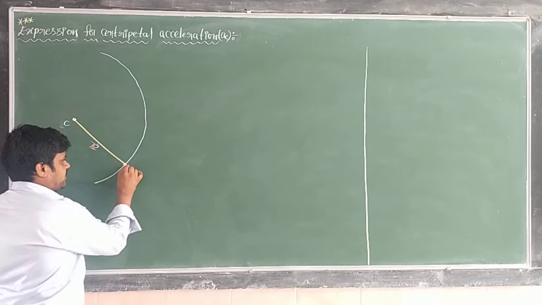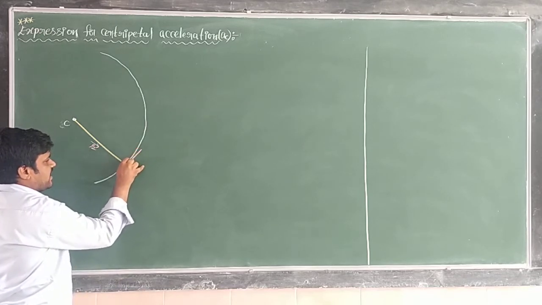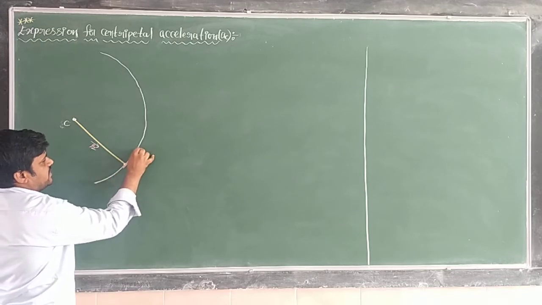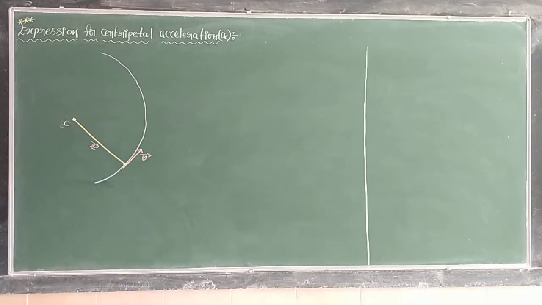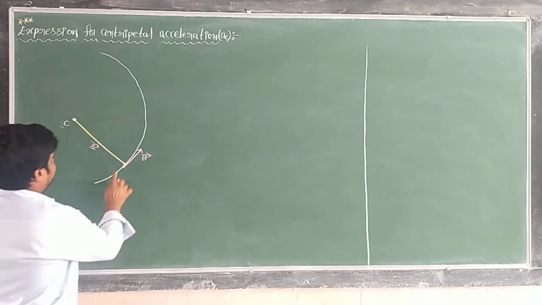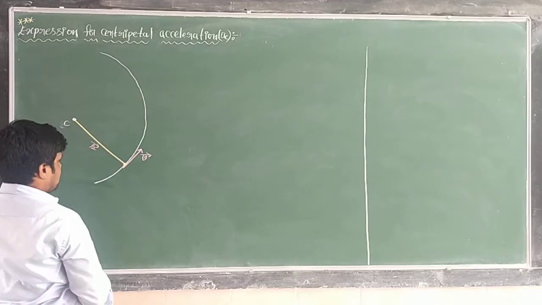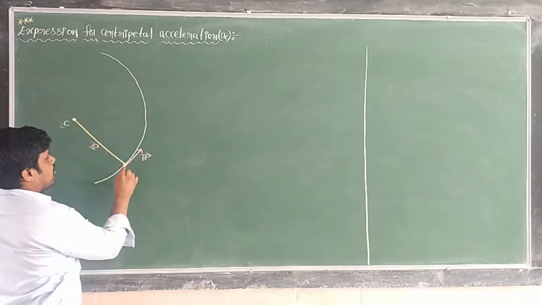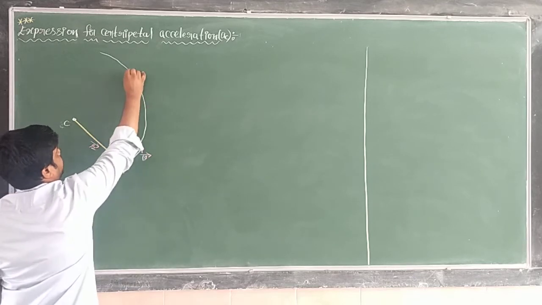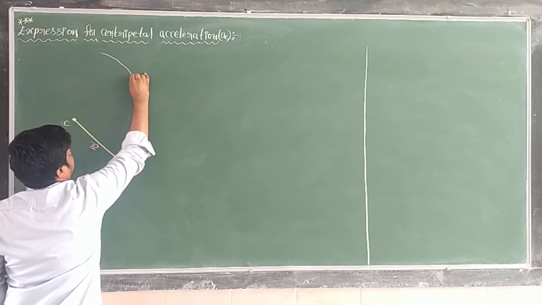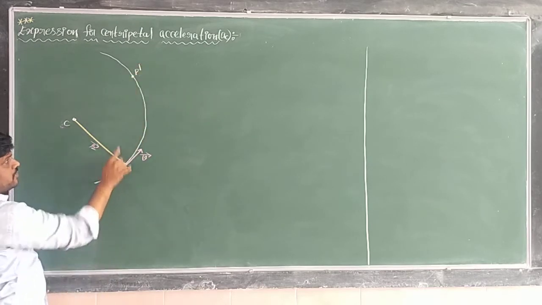At this point the direction of the velocity is along the tangent, represented by v bar. After some time, the object has moved from point P to another point, P dash.